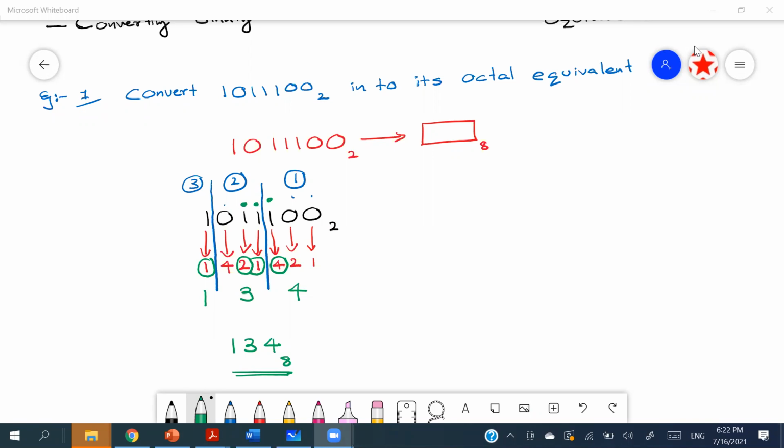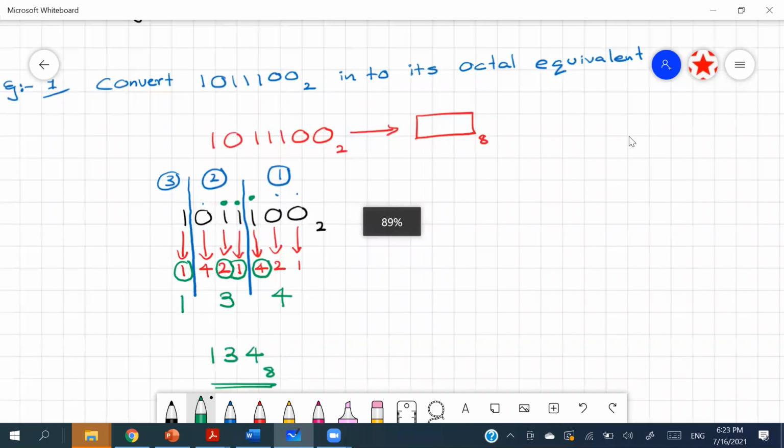Okay. So we are going to do the second example. Yes, Rusira, brilliant. That's the way we are going to do that.